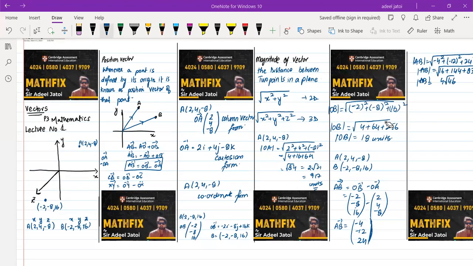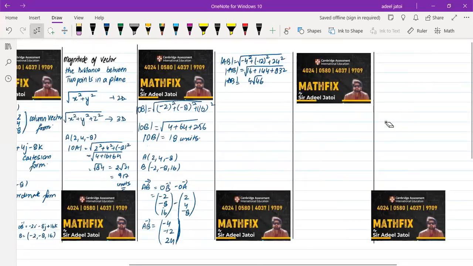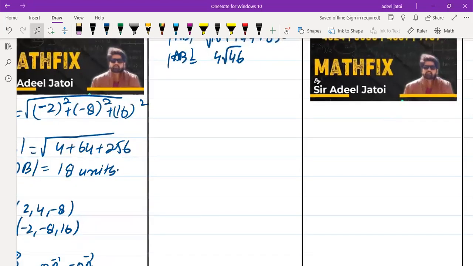Okay, so now let's work upon parallel vectors.